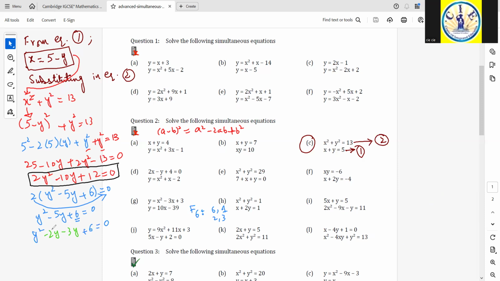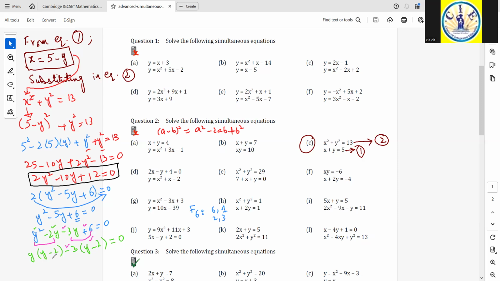Now I need to just pair them up, this pair and this pair, taking out something common, that is y can be taken common from this and this. So from the first term I'm left with y, and from the second term I'm left with negative 2. And from the second pair now 3 can be taken as a common factor, leaving y and minus 2. You need to be very vigilant since there was a negative sign here, so this positive sign has been changed to negative.